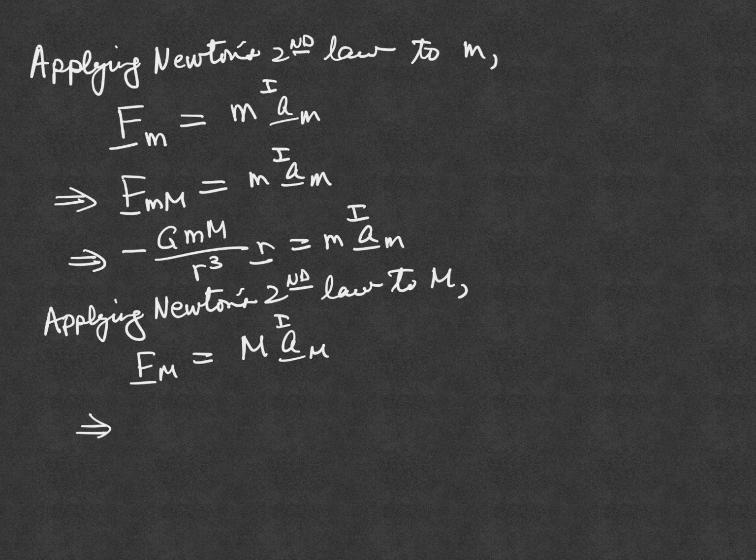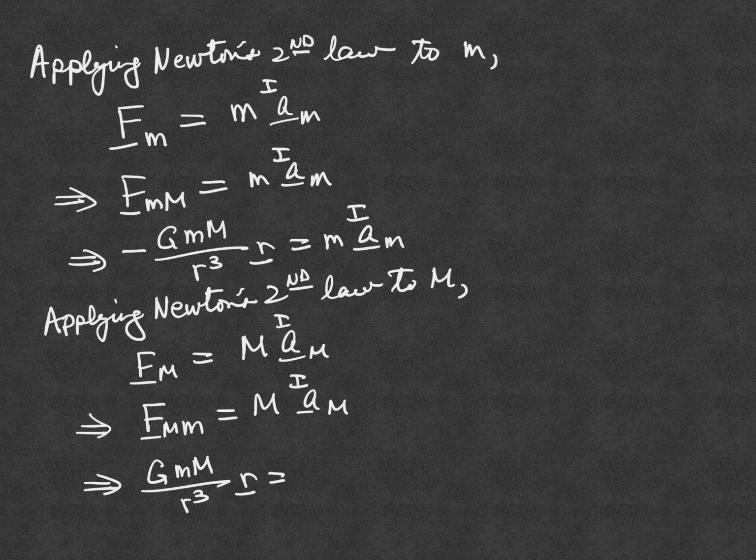So that implies that the force exerted by little m on big M has to equal big M times the acceleration of big M in I, which implies that G times the product of the masses, all divided by r cubed times r, has to equal the mass times the acceleration in the inertial frame of big M. So we now have both of these, and we can use these equations in tandem to derive the motion of the spacecraft relative to the planet.